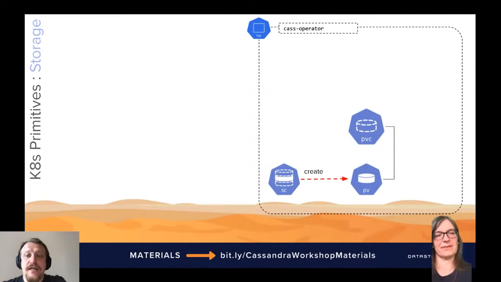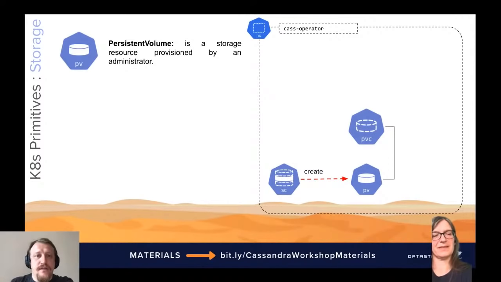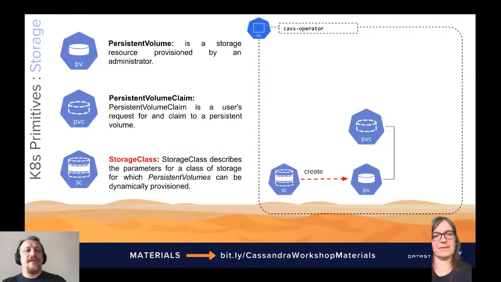To get this volume allocated for the container or pod, as we are in Kubernetes already and think not of containers but of pods, it creates a PVC, a persistent volume claim. It's the claim to receive access to a persistent volume. We will work with it more closely in a little bit. A persistent volume is a storage resource provisioned by an administrator. A persistent volume claim is a request to claim a persistent volume.